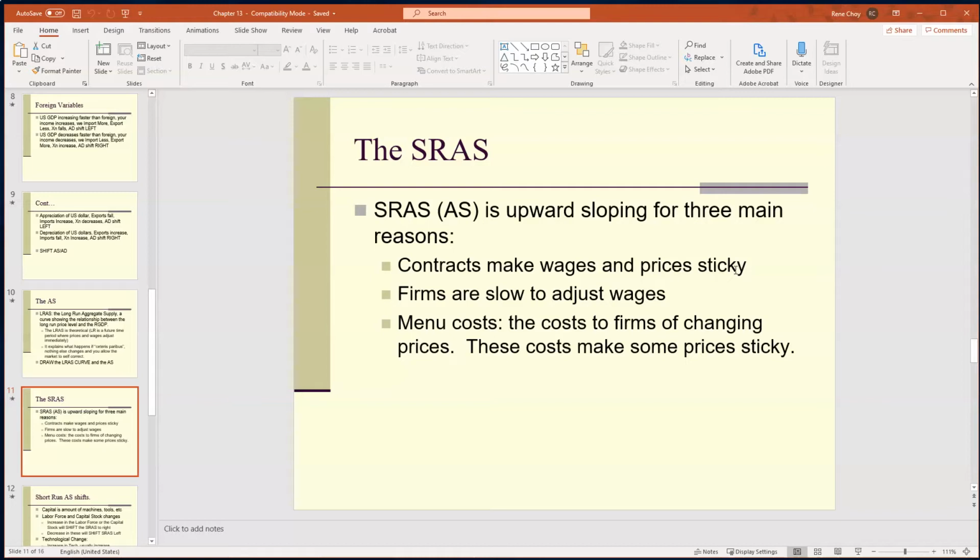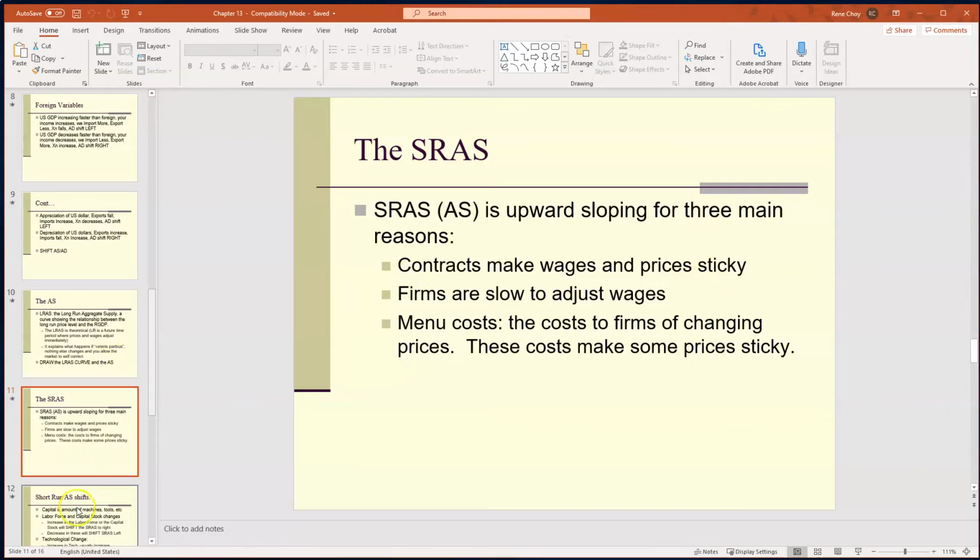Firms are generally slow to adjust wages, and we also have a sort of menu pricing in our economy, where everybody's used to seeing a particular price level or menu. And because companies have to be transparent about prices, they don't tend to change them too quickly unless necessary.